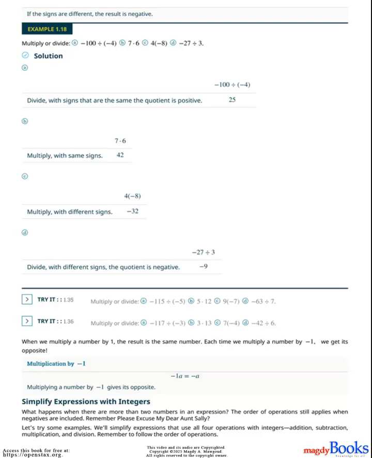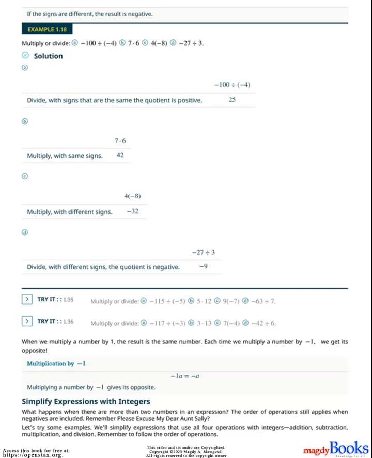Try it 1.36. Multiply or divide. A. Negative 117 divided by negative 3. B. 3.13. C. 7 times negative 4. D. Negative 42 divided by 6.